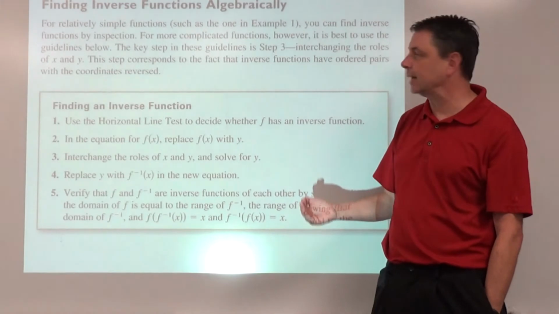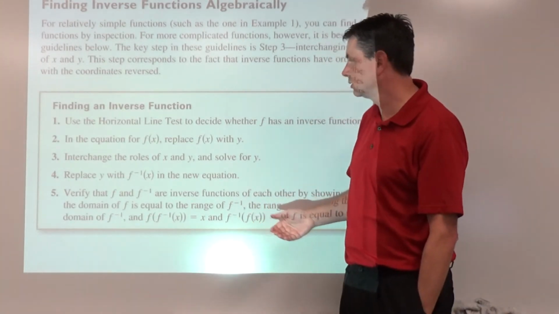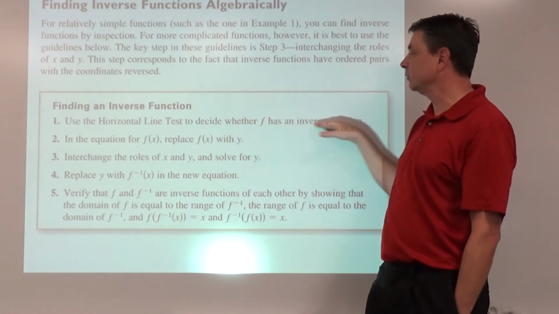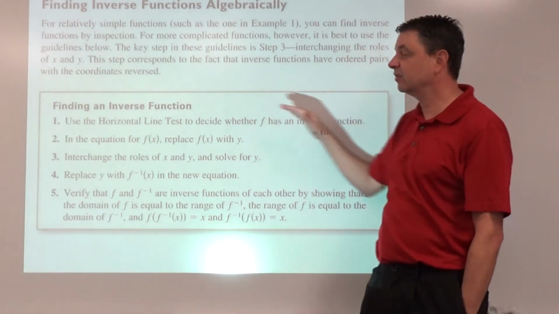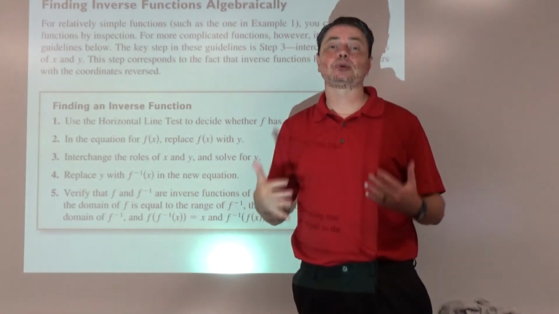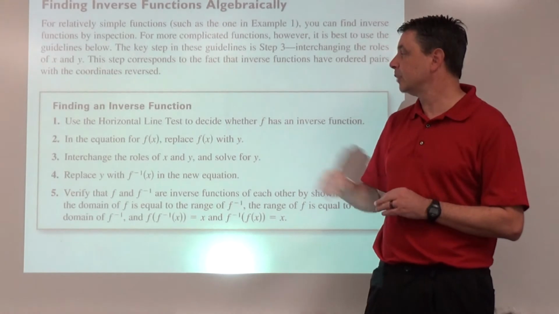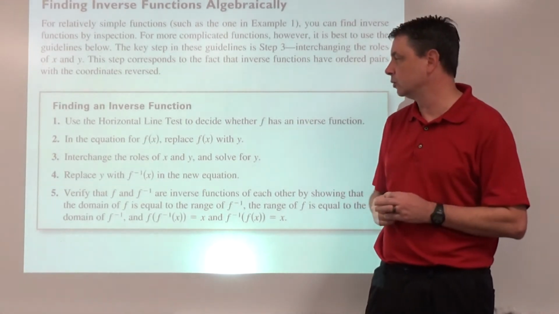So these are the steps for us to be able to find an inverse. First of all, decide if we can. If we can't, we might still proceed by cutting down and restricting the domain such that it would pass the horizontal line test and be one-to-one.